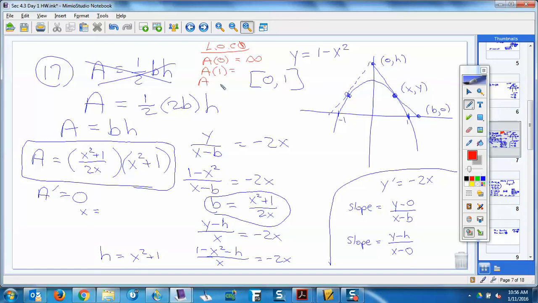And then I think, let me look it up here real quick. What was this, number 17? And they got root 3 over 3, it looks like. Root 3 over 3 is what they got for when you solve this.